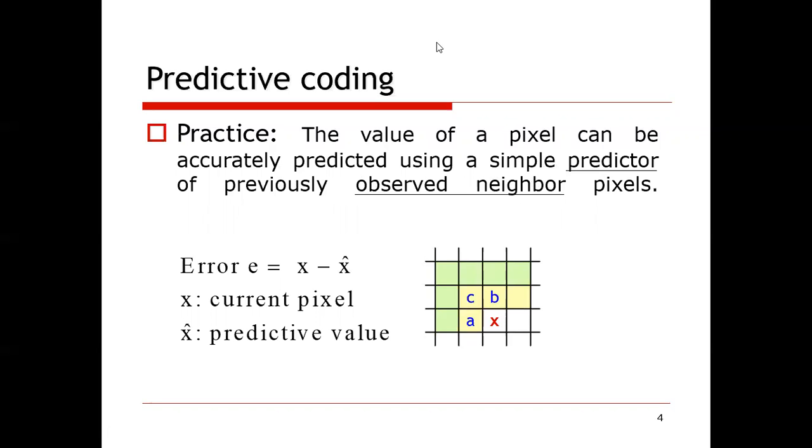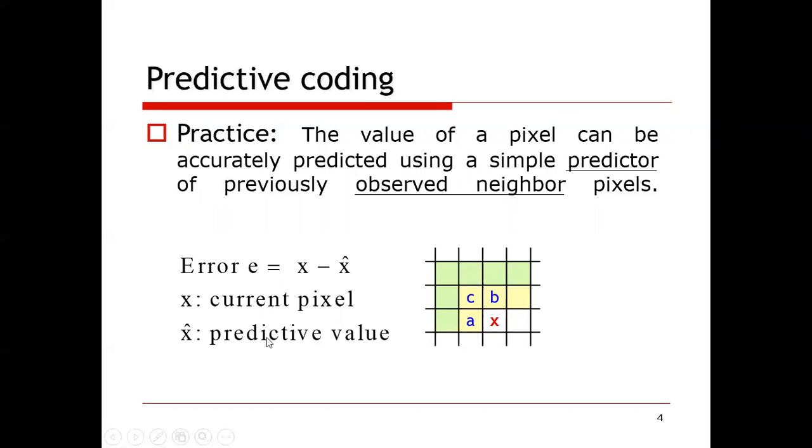In this case, x represents the current pixel and x bar represents the predictive value of the given pixel x.